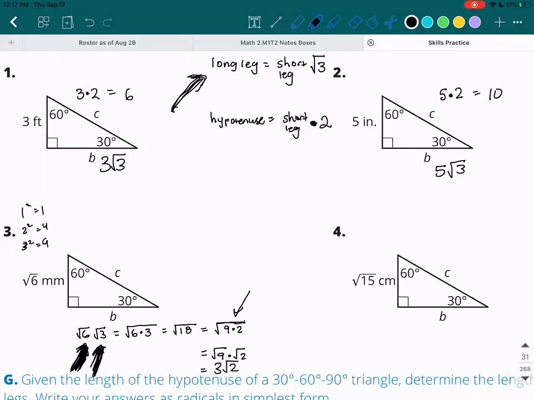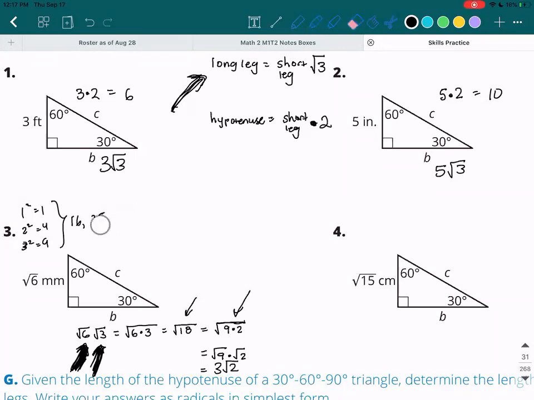You have to ask yourself if there are any perfect squares that fit into the number that you get. So we got 18. We asked ourselves, do any of these perfect squares fit into 18? And yes, 9 fits into 18. Perfect squares are like 1, 4, 9, 16, 25, 36. These are perfect squares because they are something times itself.